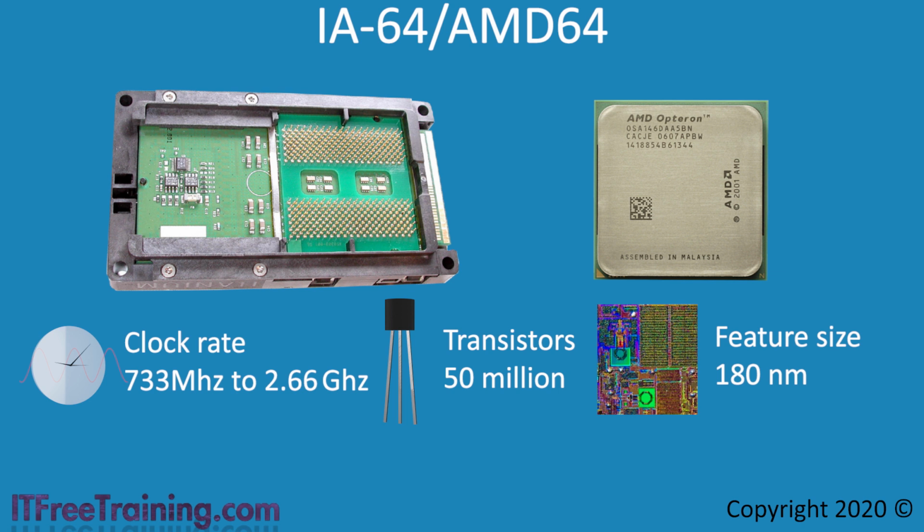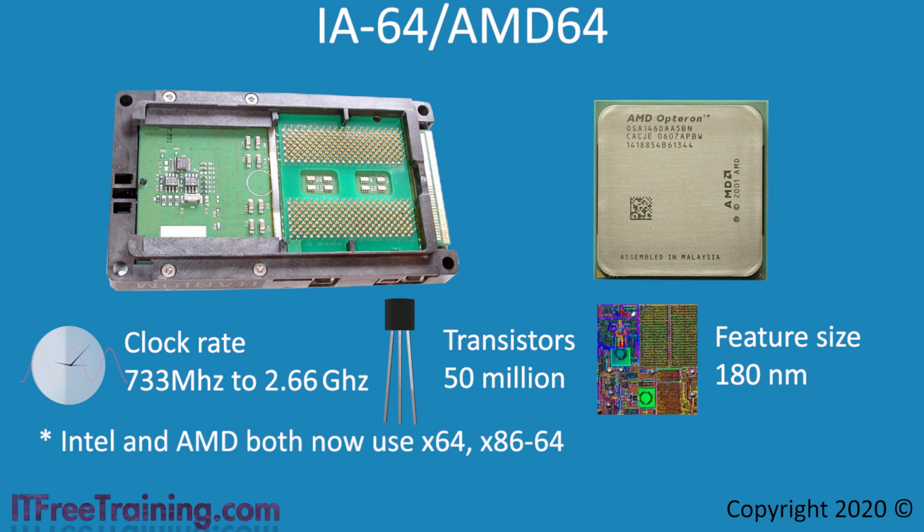With the success of AMD's 64-bit instruction set, Intel had to follow. Now both Intel and AMD use the same 64-bit instruction set. Although it may be referred to by many different names, it is commonly called x64 or x86-64.